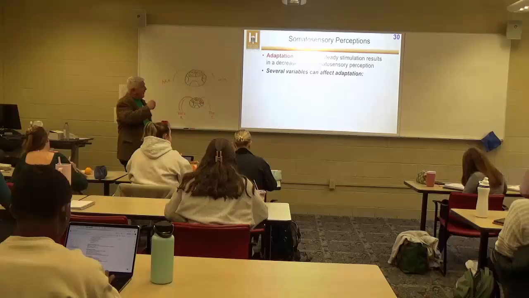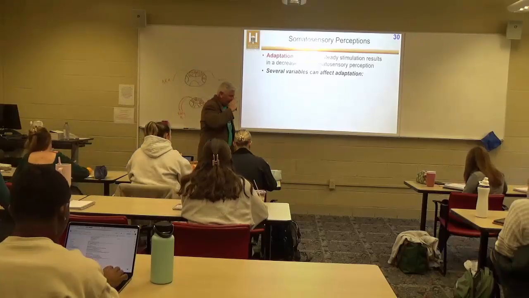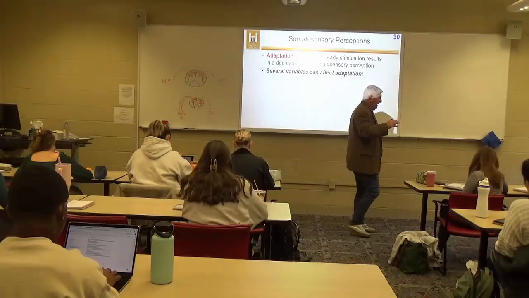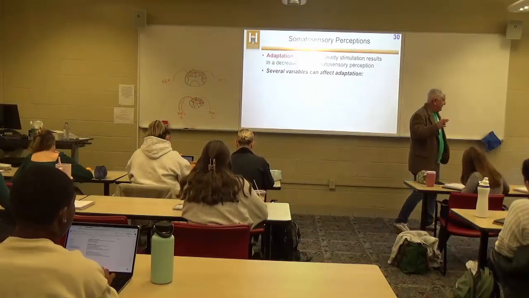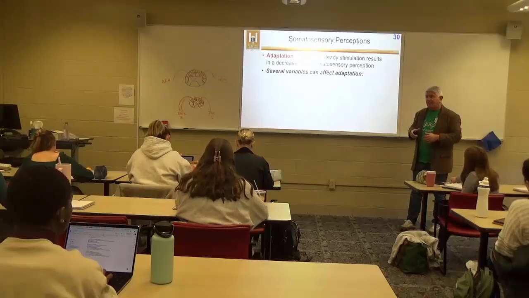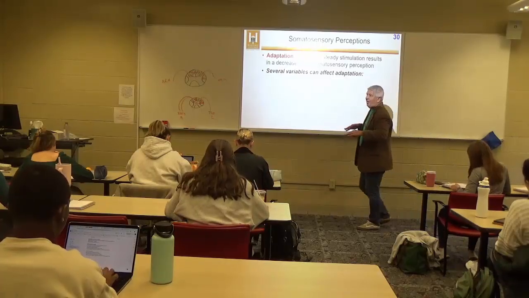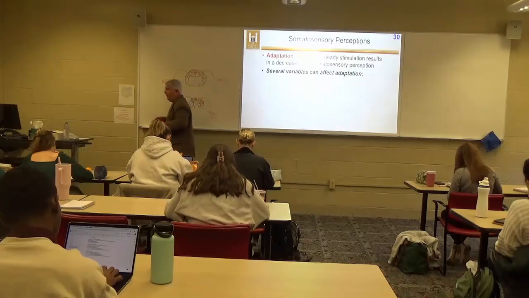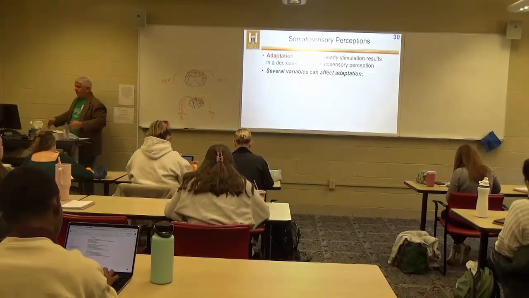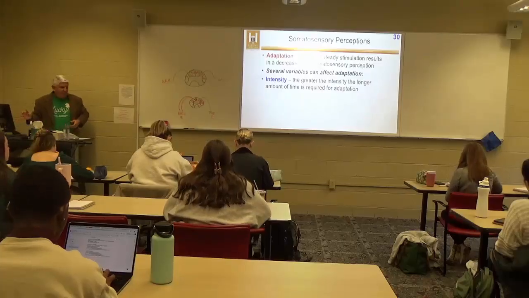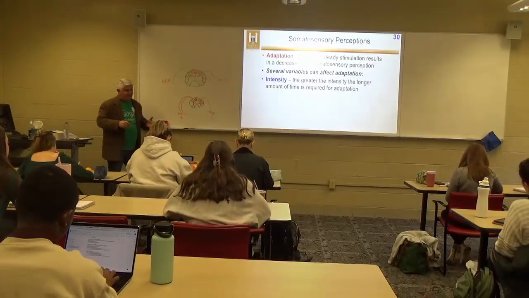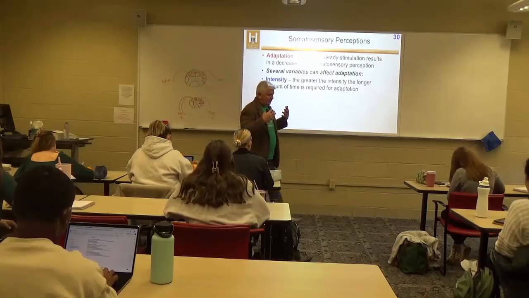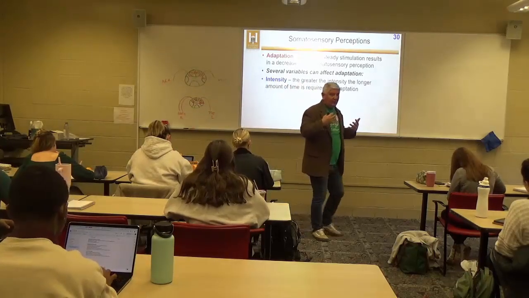Adaptation, right? Adaptation is where, with constant stimulation, our brain sort of deems that as not important information, and so we're turning down the neural signal. It's a decrease in our perception ability. Several things can affect that. The intensity. The more intense a sensation is, the harder it is to adapt to it.